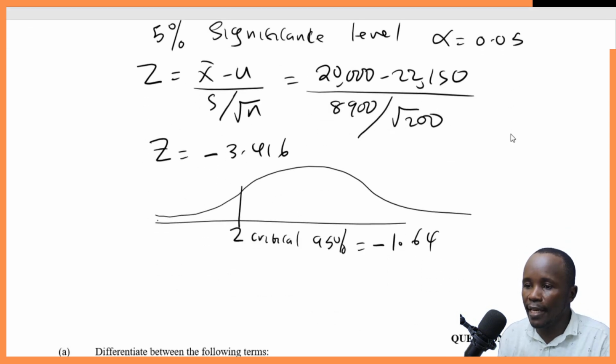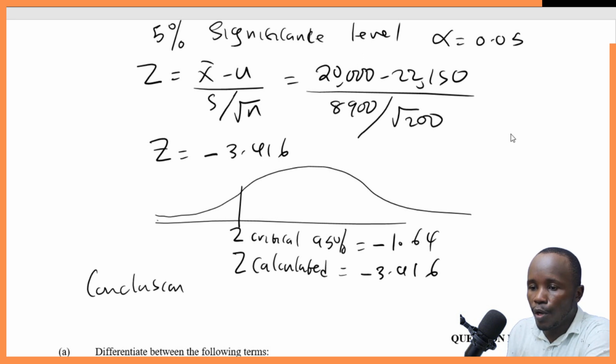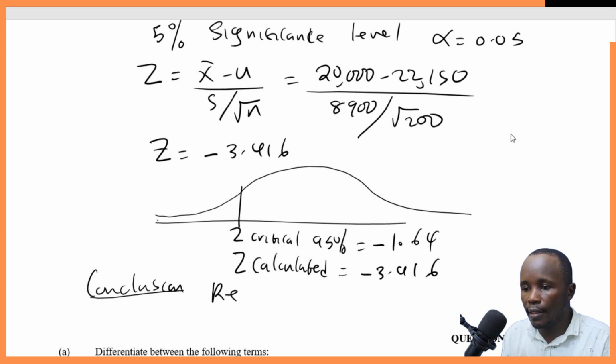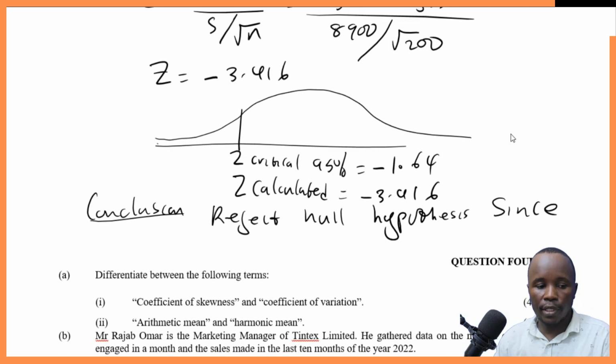We are getting Z calculated as negative 3.416. So what do you conclude? We conclude that you reject the null hypothesis, since Z calculated is less than Z critical.